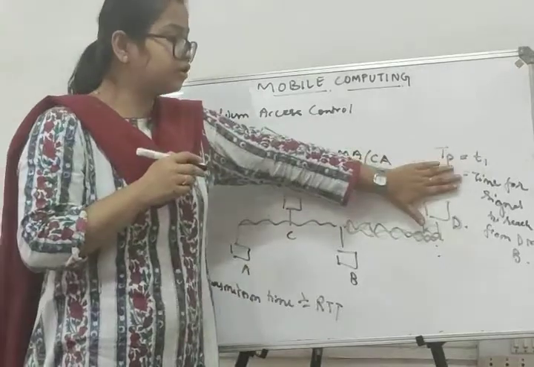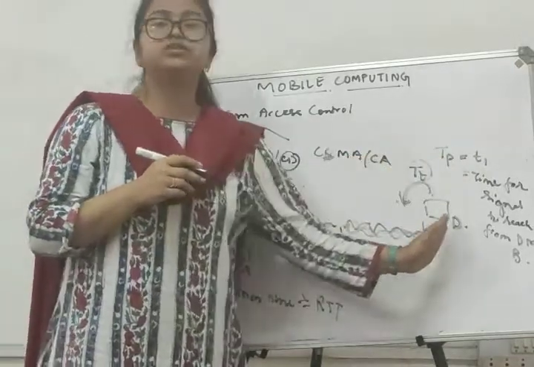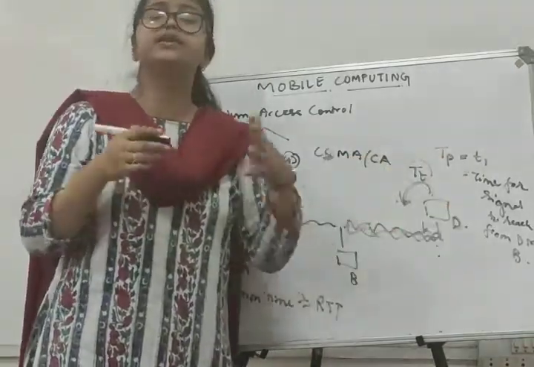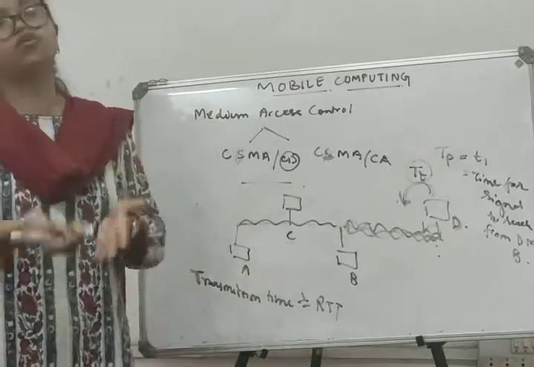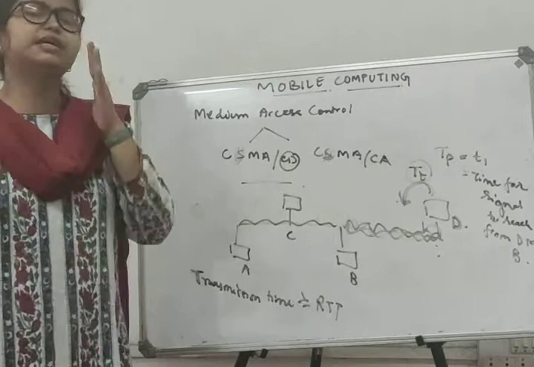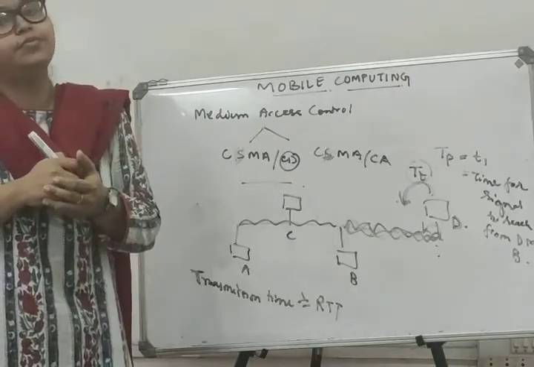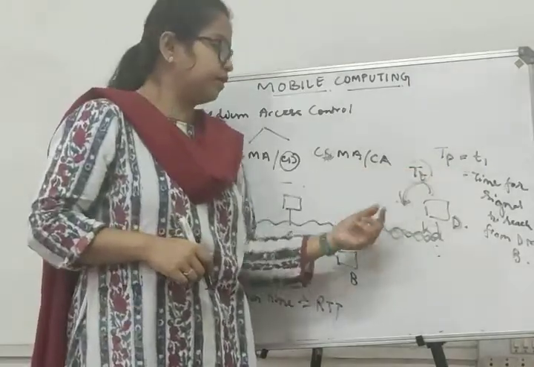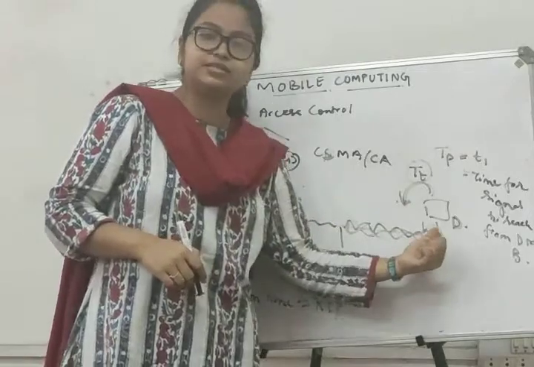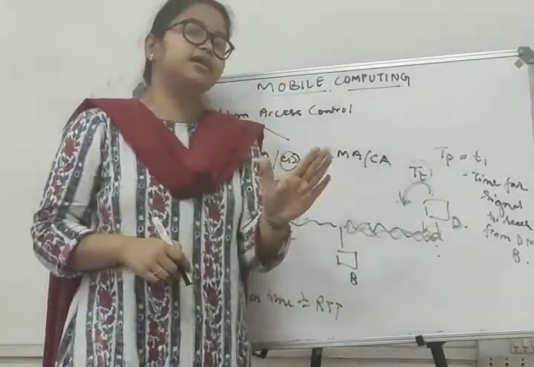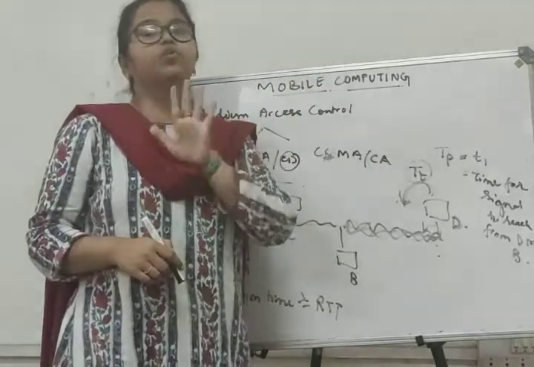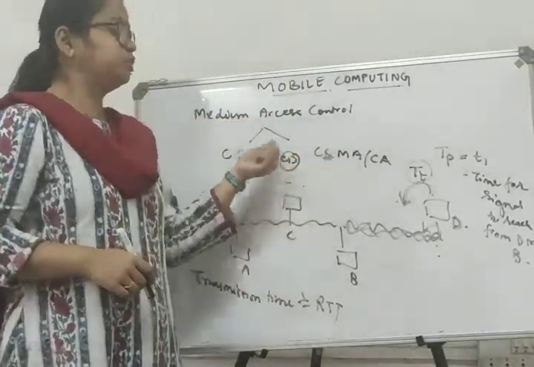If D is not transmitting and a collided signal comes back, then D will never get to know whether its own signal has collided or not. It will simply sense that the carrier is busy maybe. But if it is transmitting and it gets back the collided signal, then D will be sure that yes, my signal which I had sent has collided. That is called collision detection.